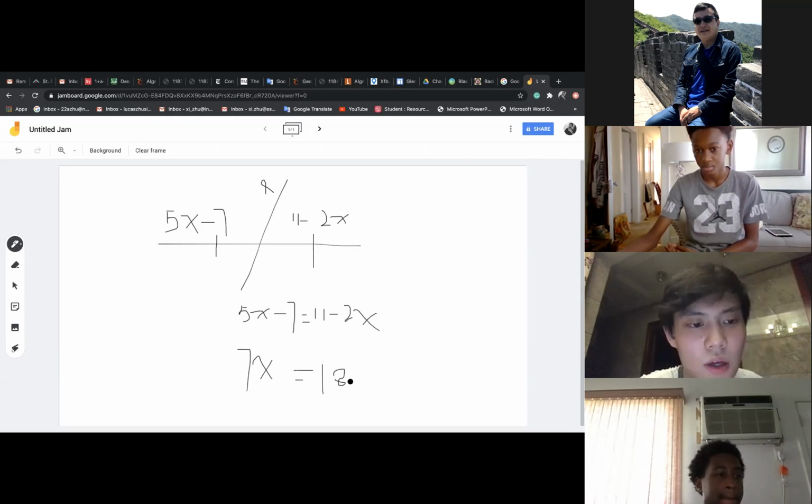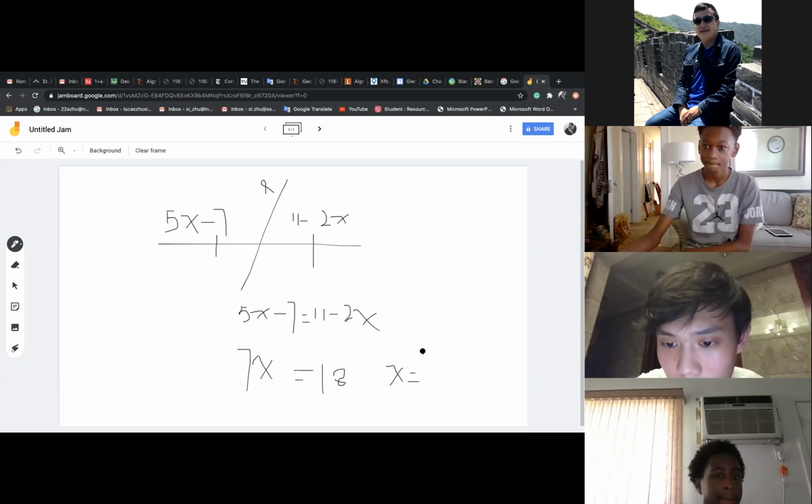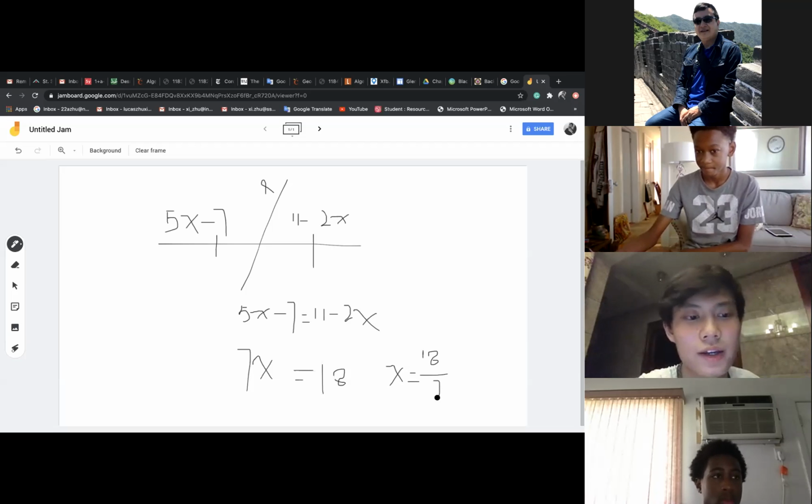So it's just going to be 18 over 7, right? So this is the answer for x. It's only for x. So now we have to put it back in.